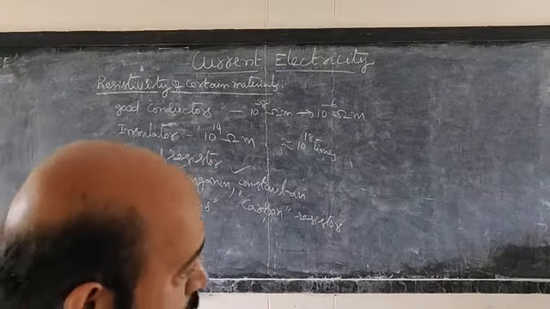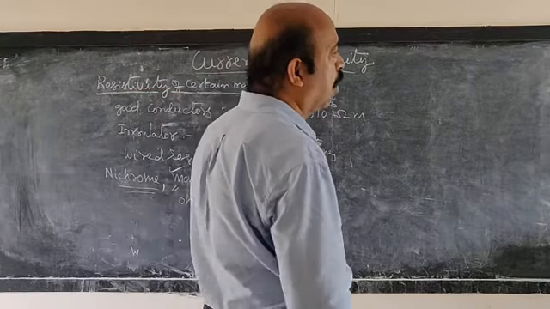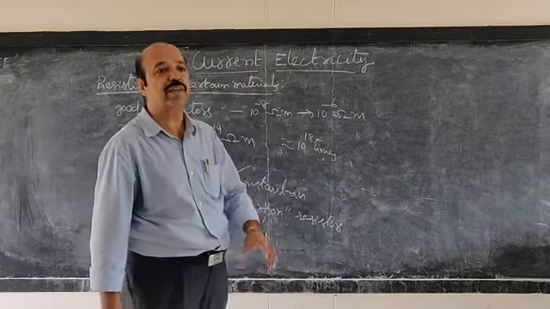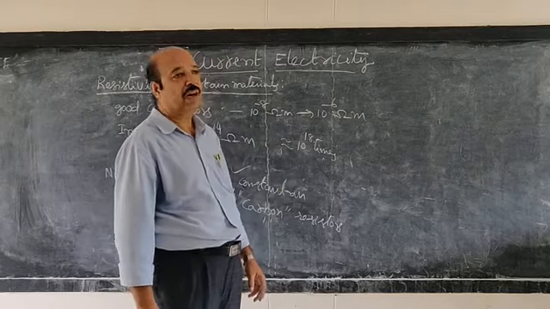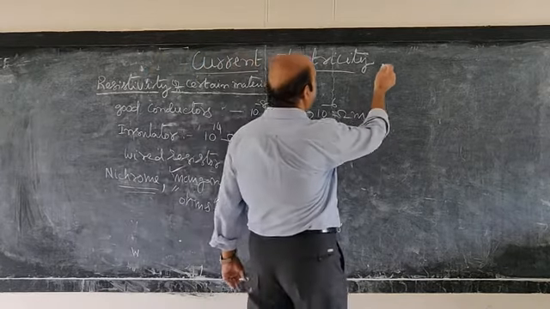Now, how to find out the value of the resistance on a carbon resistor? That we call the color code.